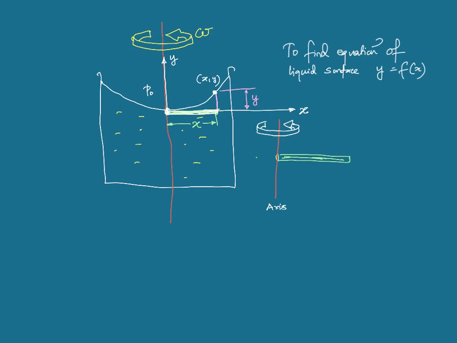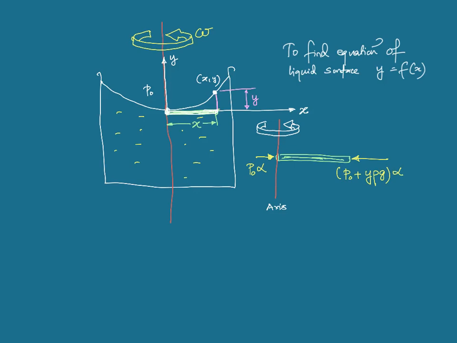So as you know, the force, and suppose the cross section is alpha, so this is P naught into alpha, and from the right side P naught plus y rho g multiplied by alpha.